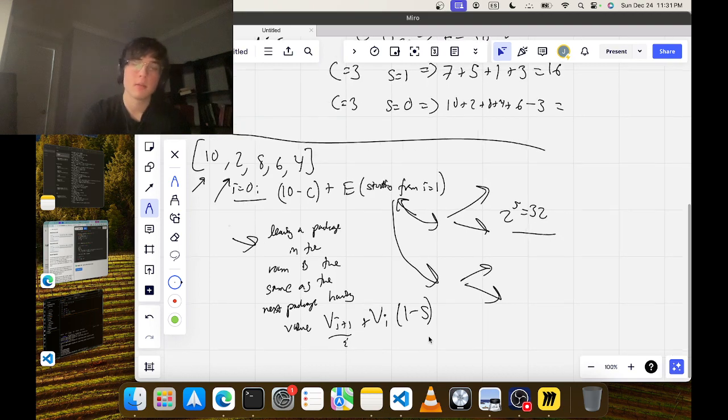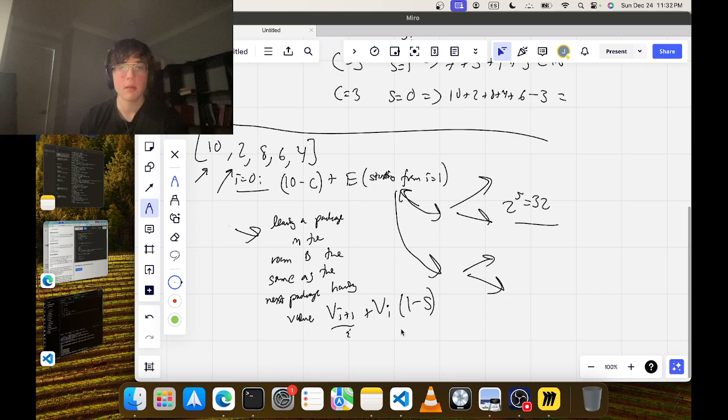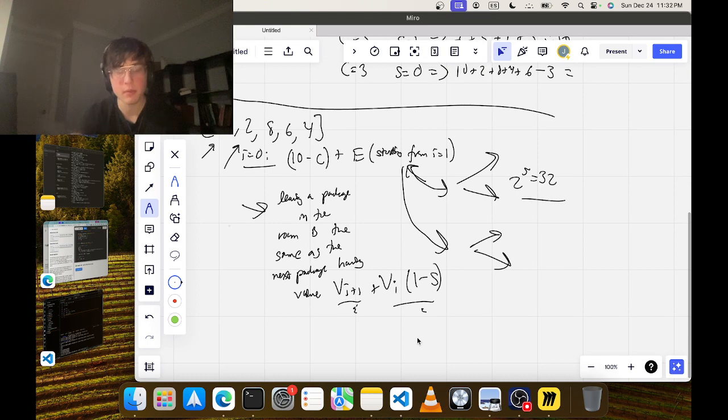So the thieves went in and potentially stole the package, so its value has on average decreased by 1 minus s, expected value, right?